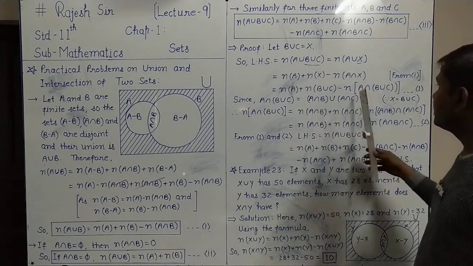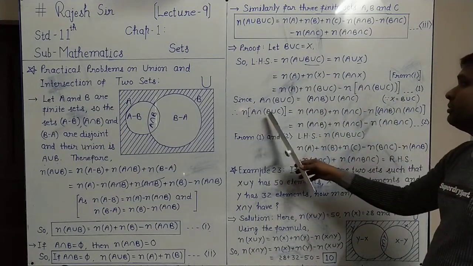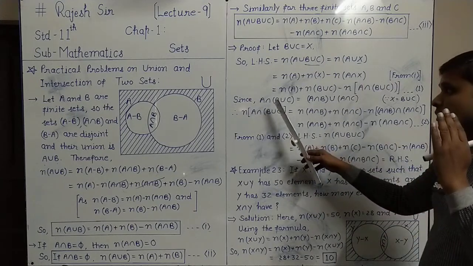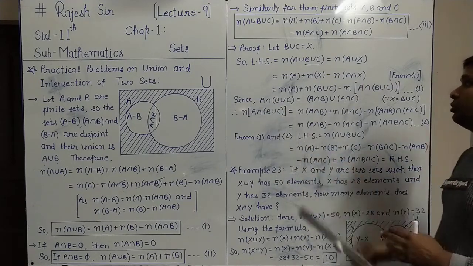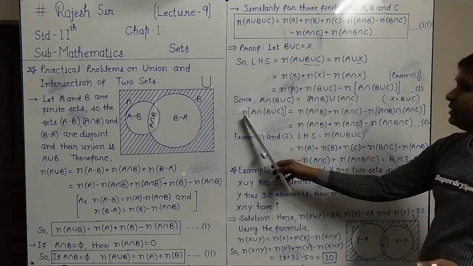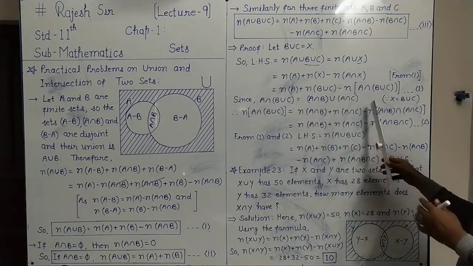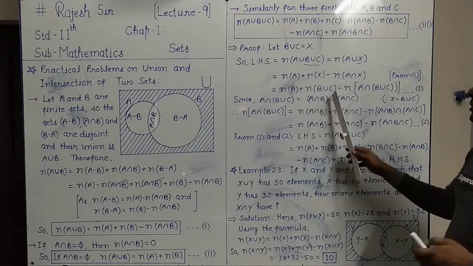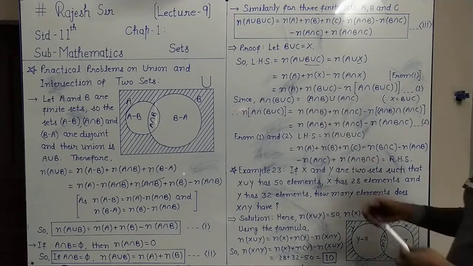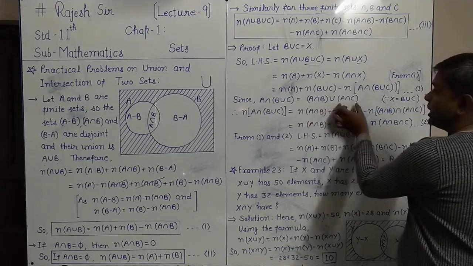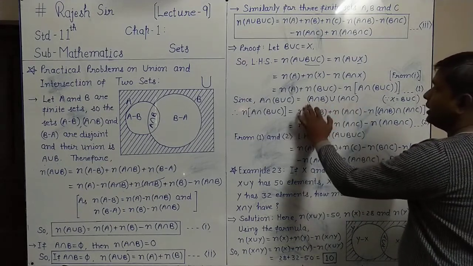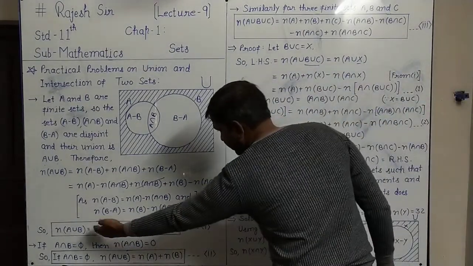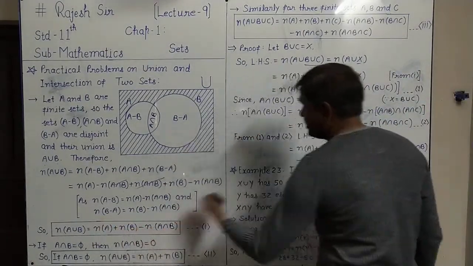So here, n(A intersection B union C) on the left side equals the number of elements on the right side, and again you consider this bracket as whole A and this bracket as whole B. So this is n(A union B). Again we can use result 1: n(A union B) is n(A) plus n(B) minus n(A intersection B).